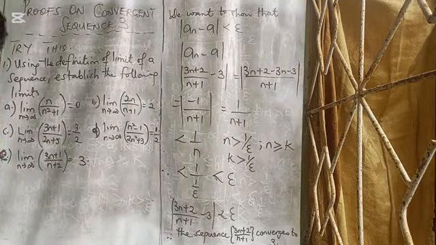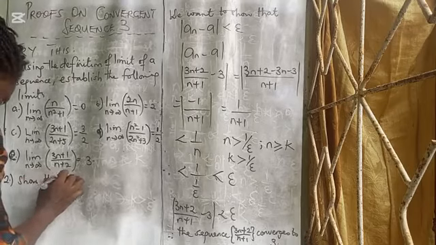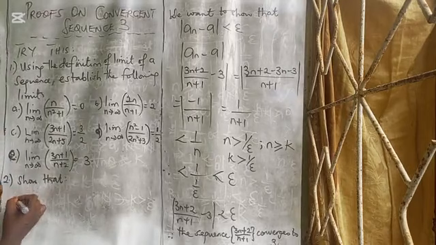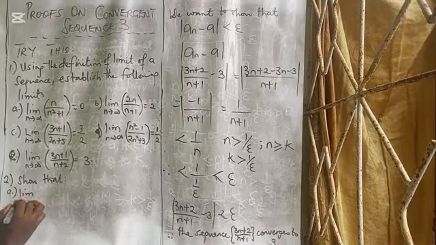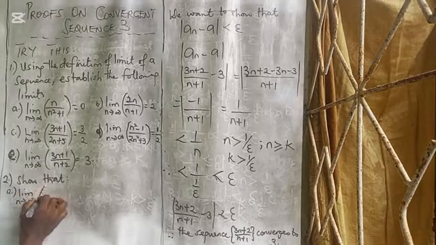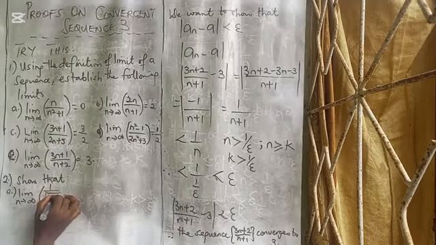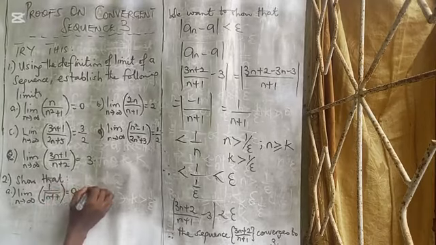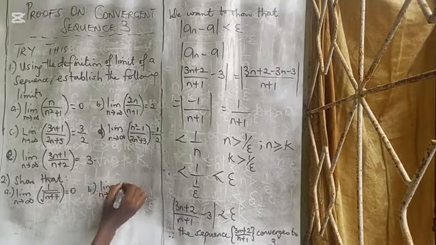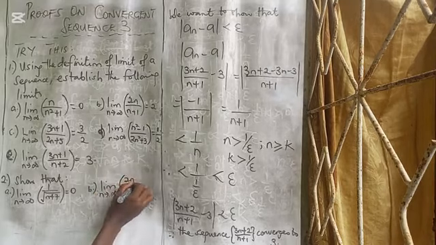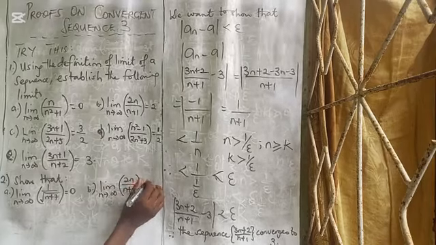You can also show the following. Show that the limit as n tends to infinity of 1 over the square root of n plus 7 equals 0. Limit as n tends to infinity of 2n over n plus 2 equals 2.